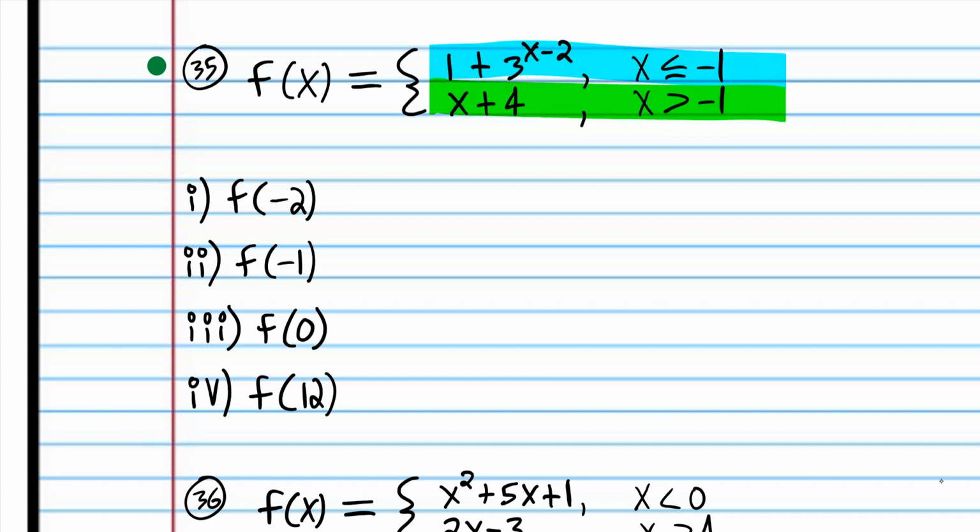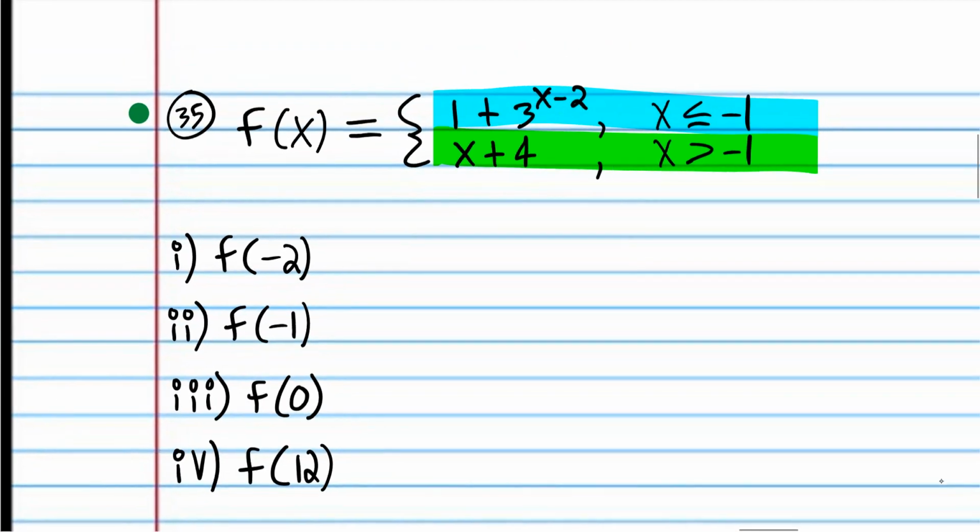Okay, we're back. So is -2 less than -1 or equal to -1, or is it greater than -1? Well, obviously -2 is less than -1. So we're going to use the blue expression.